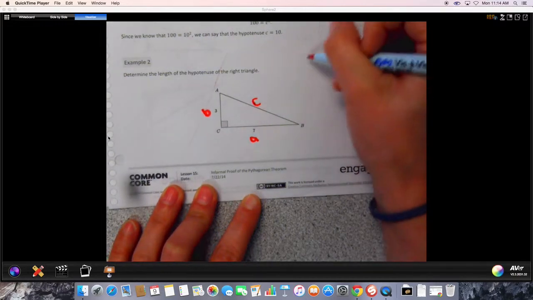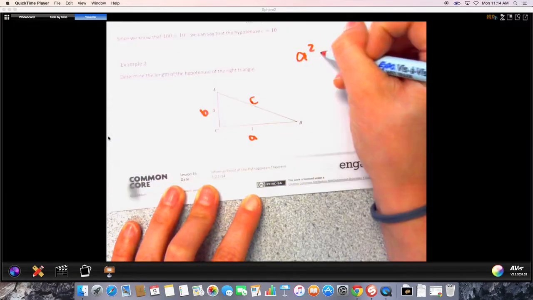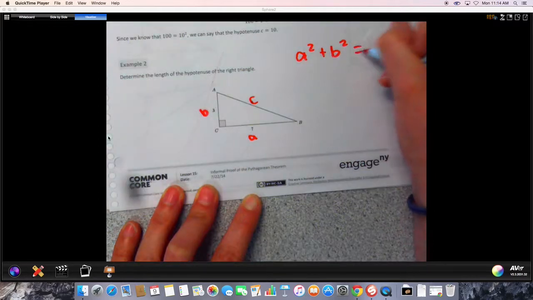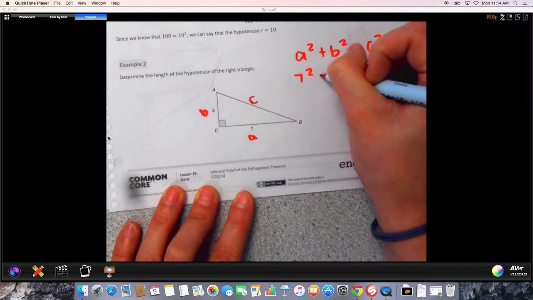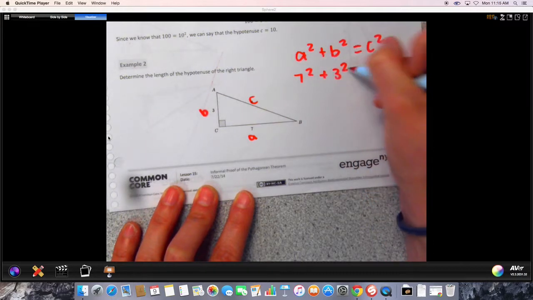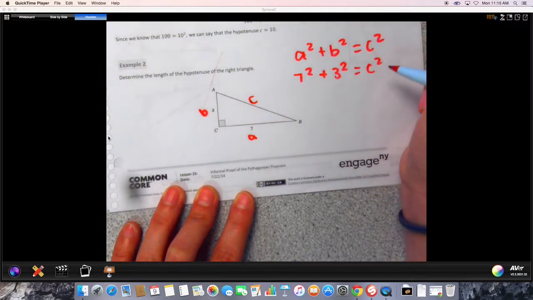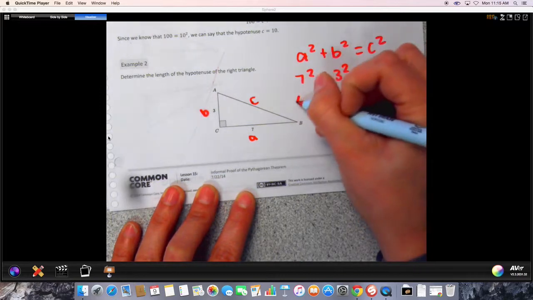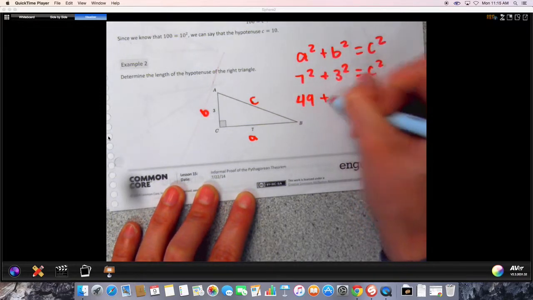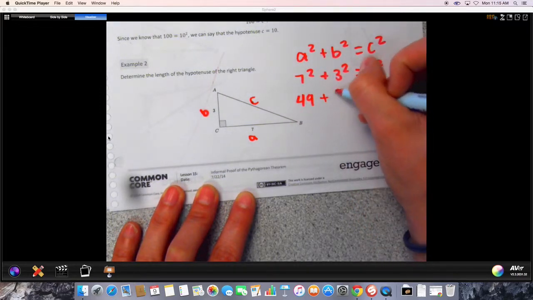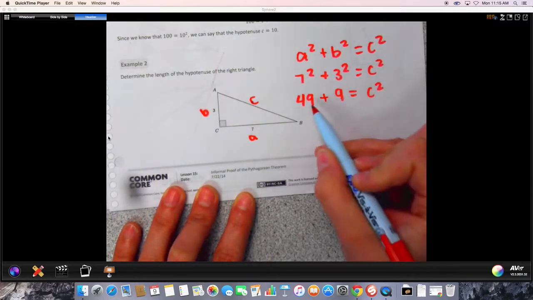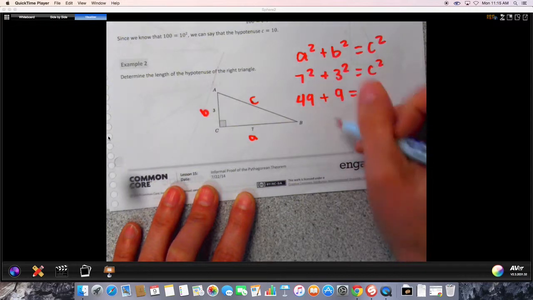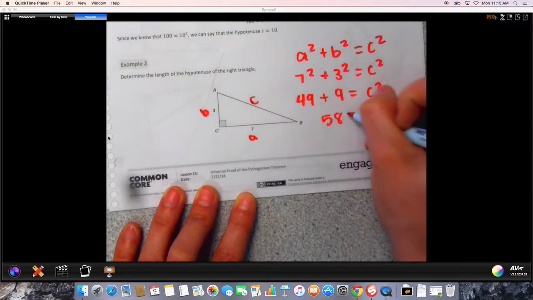A squared plus b squared equals c squared. So we're going to say 7 squared plus 3 squared equals c squared. 7 squared is 49 plus 3 squared is going to be 9 equals c squared. Then we want to add our 49 plus our 9 to get 58 equals c squared.